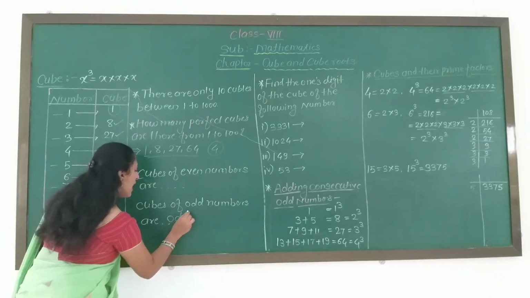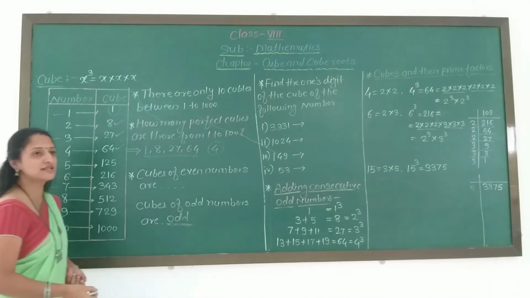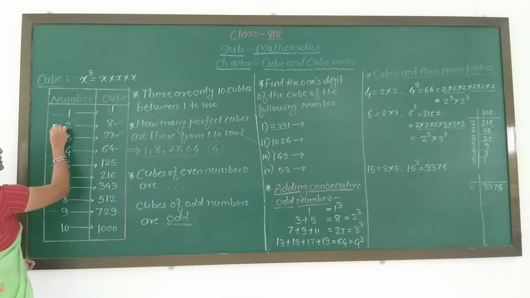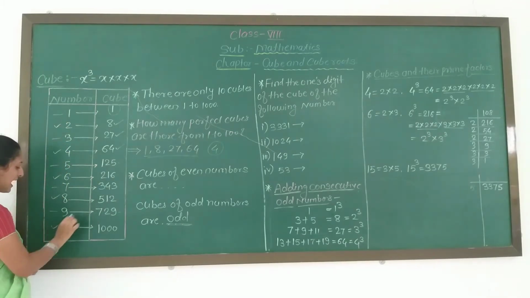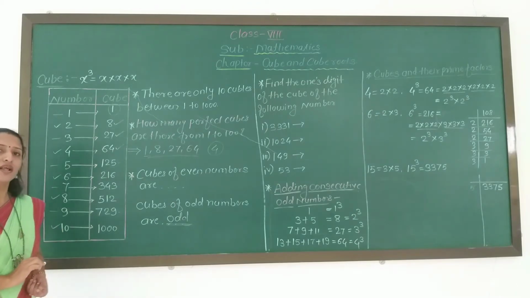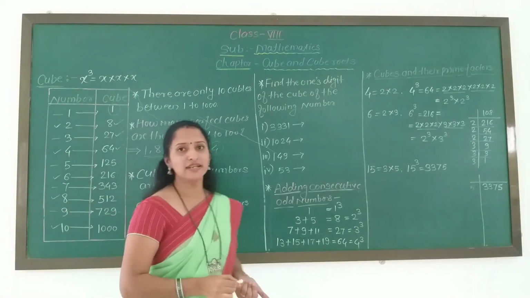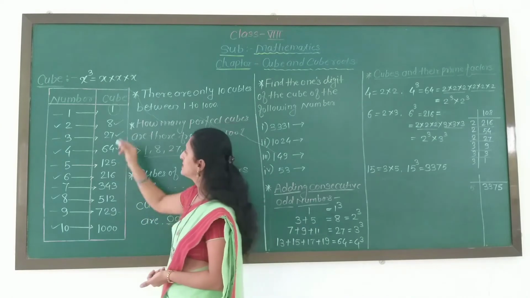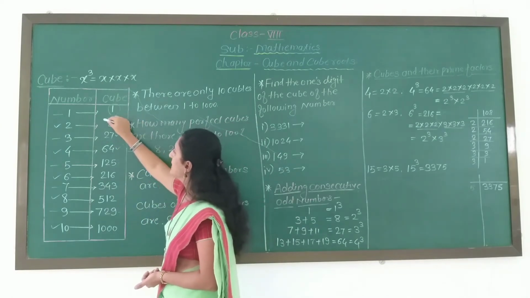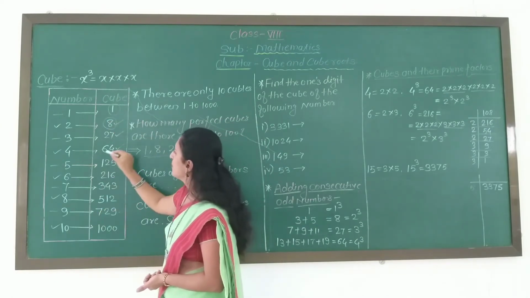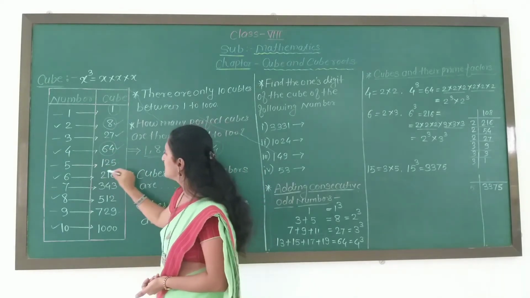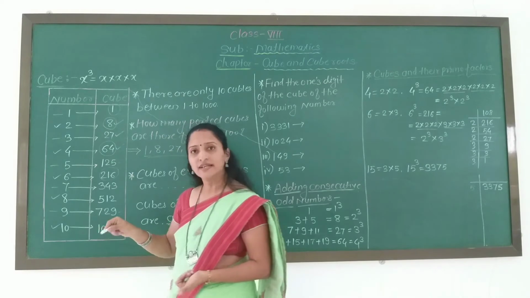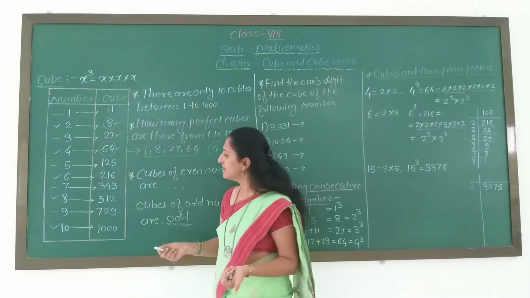Okay? And what about cubes of even numbers? Here numbers 2, 4, 6, 8 and 10. These are all even numbers. Right? Observe the cubes of even numbers. Cube of 2 is 8. It is an even number. Cube of 4 is 64. It is also an even number. Cube of 6 is 216. Yes, 216 is an even number.